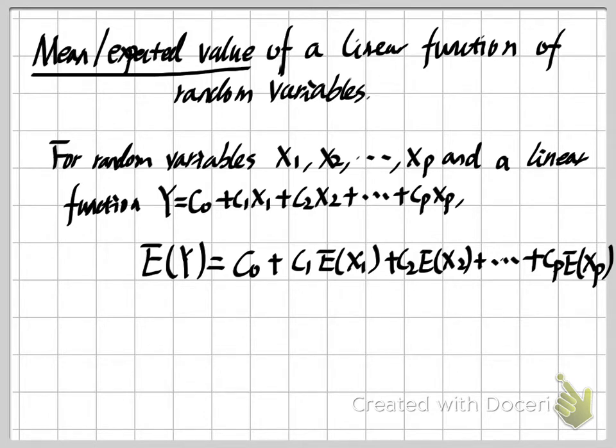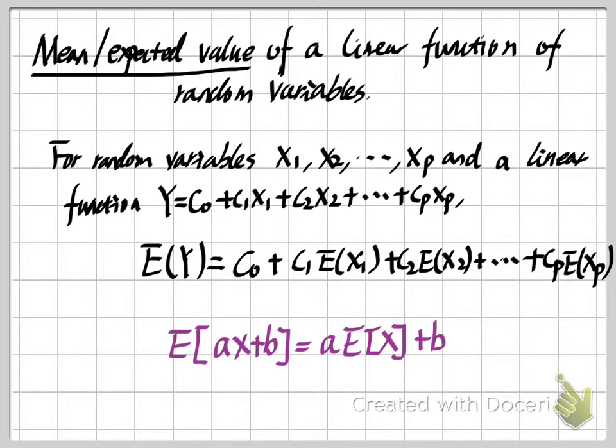This is a very straightforward extension of the linear property of our mean. Previously we said if we want to compute the mean of ax plus b, this is equal to a times the mean of x plus b. That means if we have a random variable times a constant a plus a constant b, the answer is just a times the original mean plus this constant b.